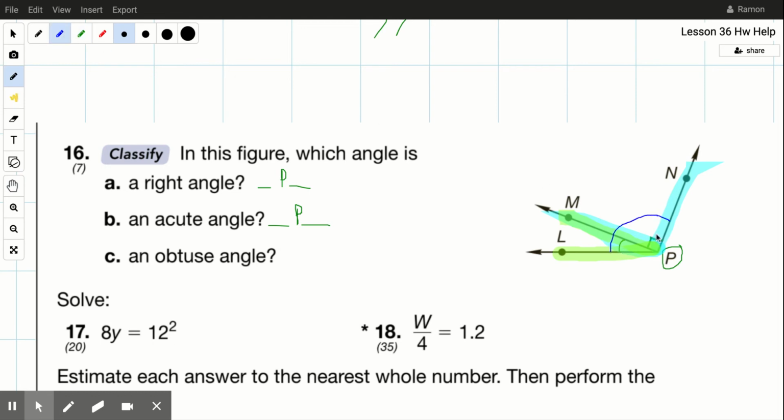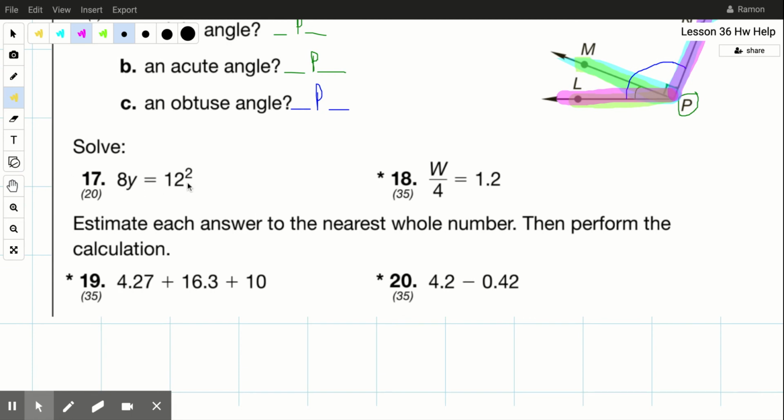So that's going to be both of those combined. Again, the P vertex is still in the middle, but you want to take care to use the actual rays that create the obtuse angle.